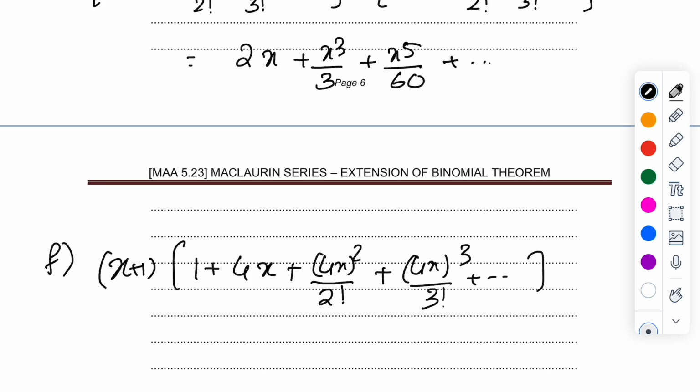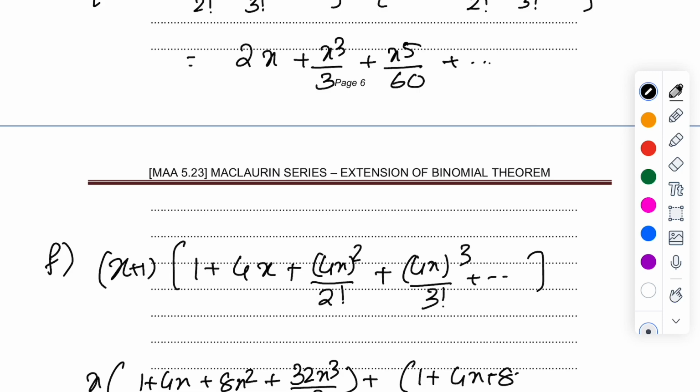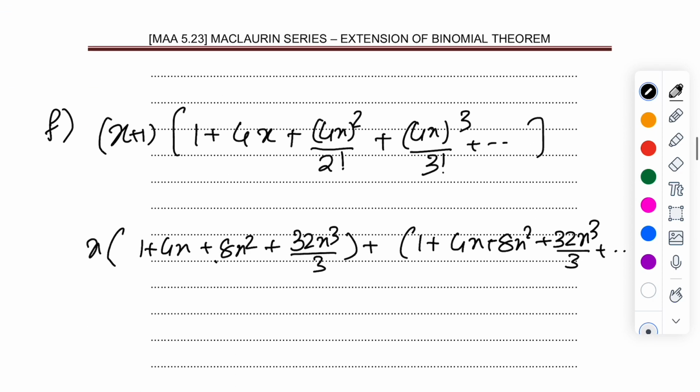So what does that become? x times 1 plus 4x plus 8x square plus 32x cubed by 3, plus 1 times 1 plus 4x plus 8x square plus 32x cubed by 3 and so on. Then add the like terms: 1 plus 5x plus 12x square plus 56 upon 3 x cube and so on.